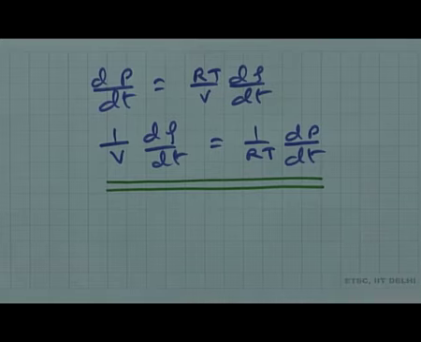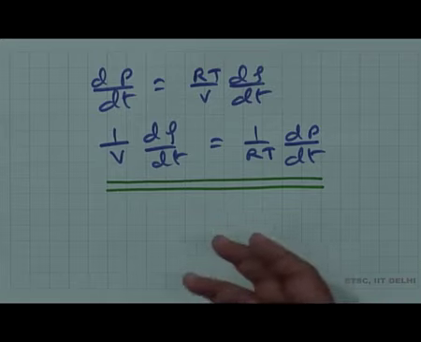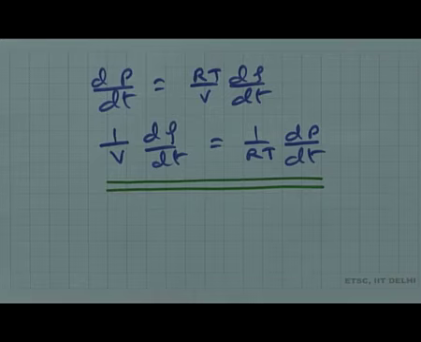So, this example shows you how to express the rate of a reaction in terms of the change of pressure in a gaseous reaction, the example being the one we were discussing right now.